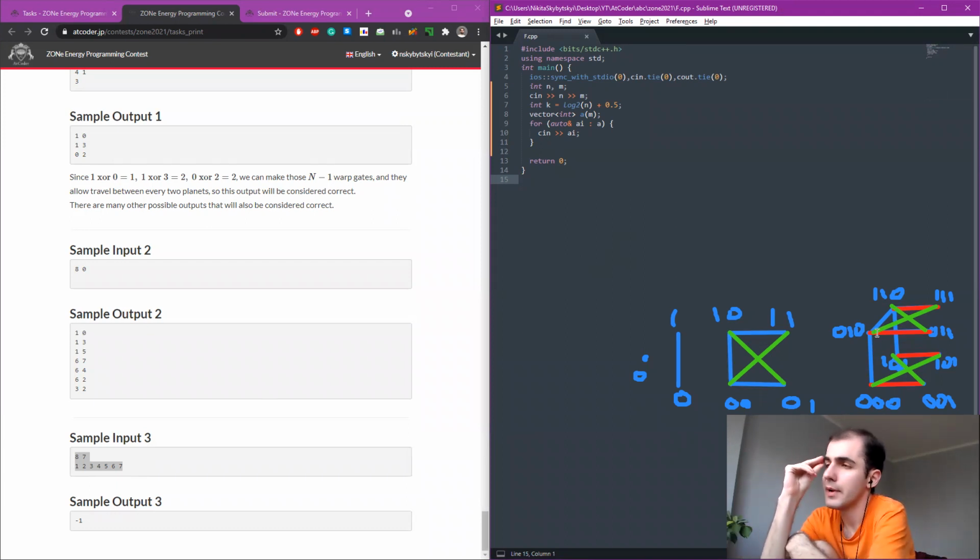But if we do have a matching that is not deleted, then we can build all corresponding edges. And n is at most 18.